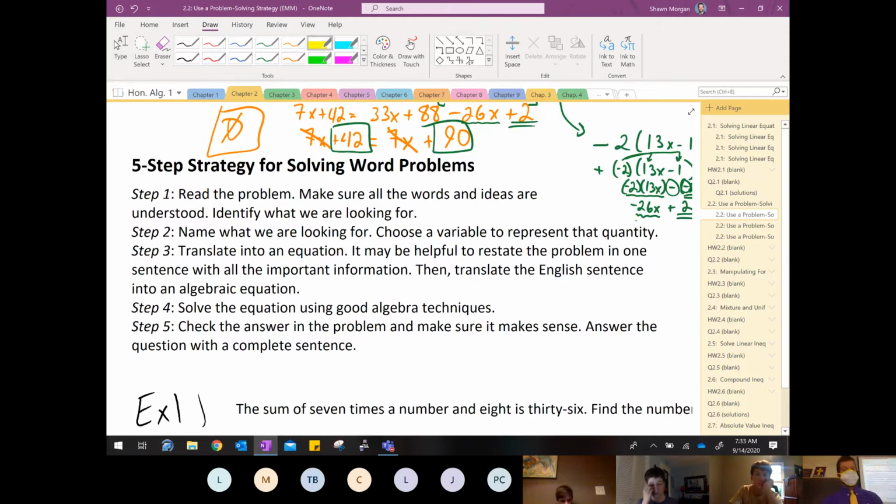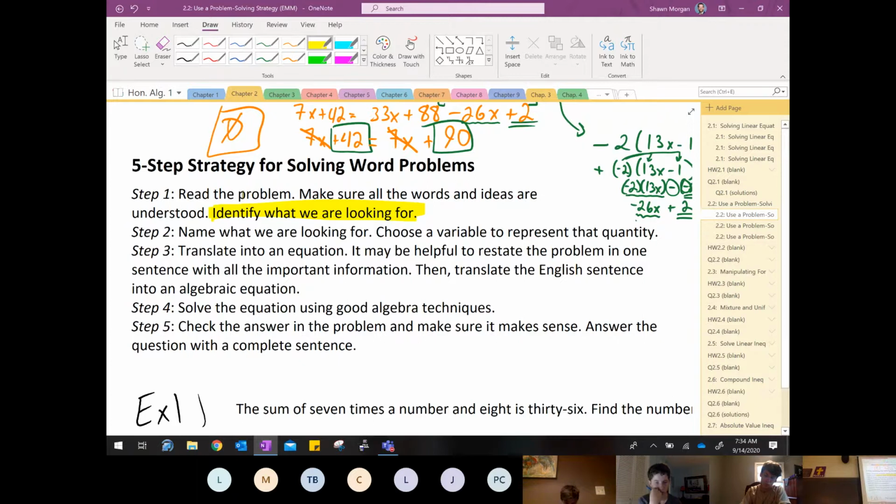Okay. So the first step, when it talks about read the problem, make sure all the words and ideas are understood, identify what we're looking for. You know, the idea is to figure out what they're asking. To say, what is this problem asking me to solve? It might be you're asked to figure out how many cups of flour are needed for this new recipe.